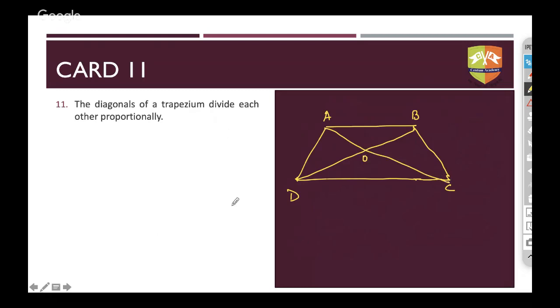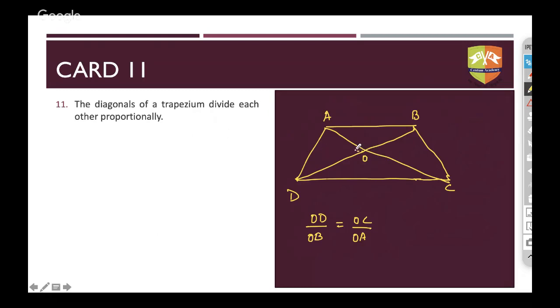So what does this theorem say? The diagonals of a trapezium, that means OD upon OB is equal to OC upon OA. So they are dividing each other proportionally. And again, it is very easy to remember the proof.